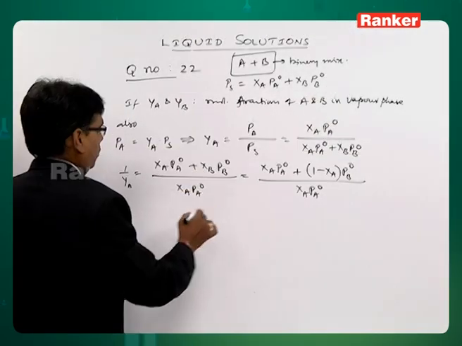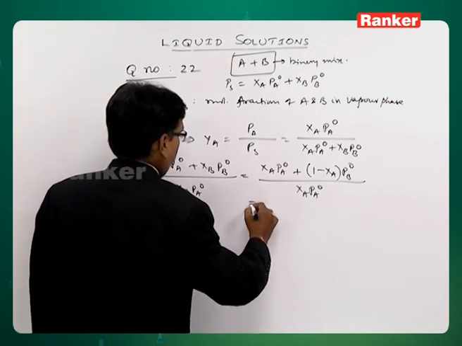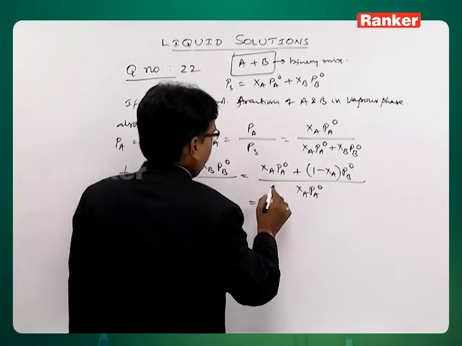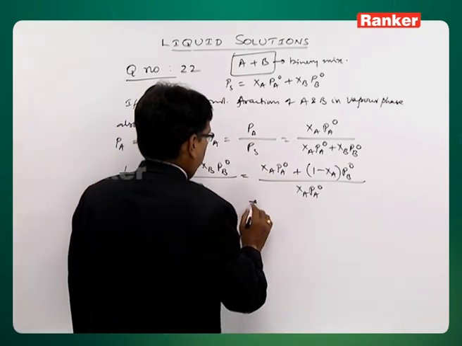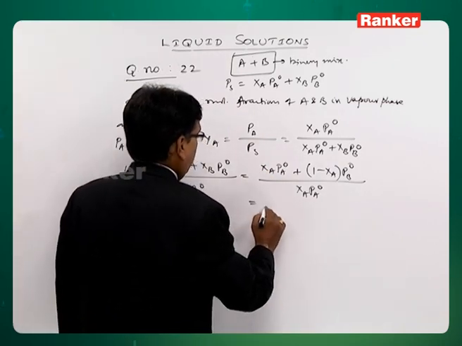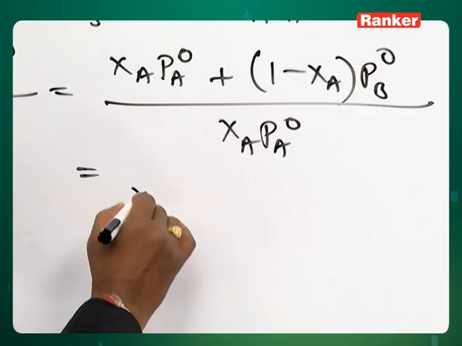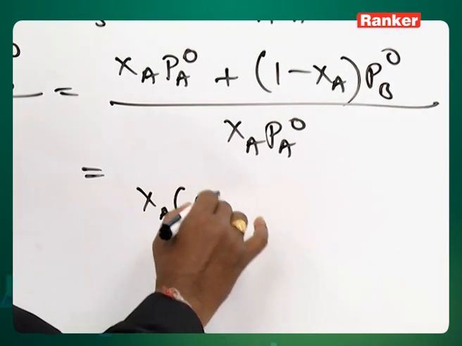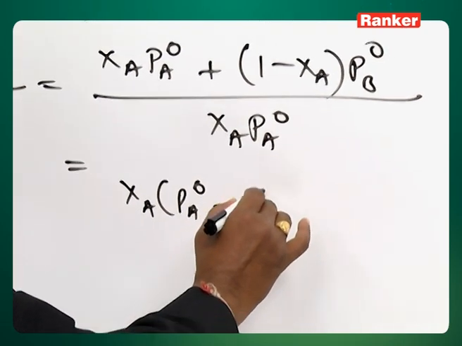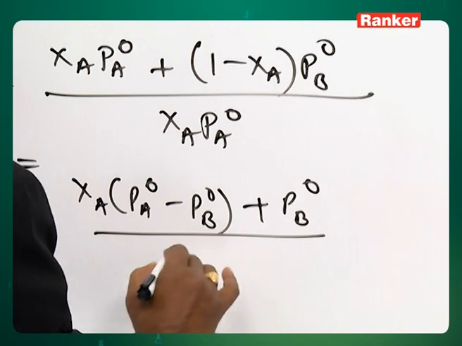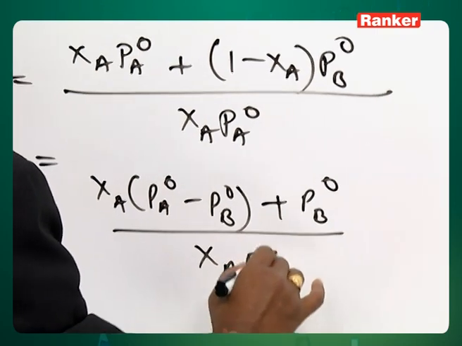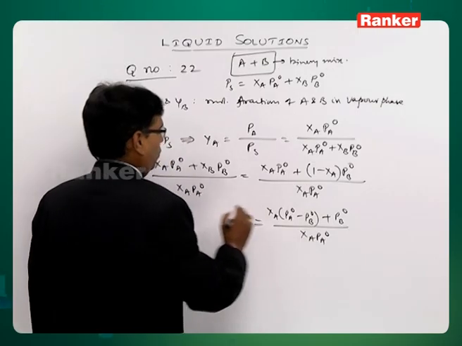Now, this is equal to XA into Pa naught minus Pb naught plus Pb naught by XA Pa naught.